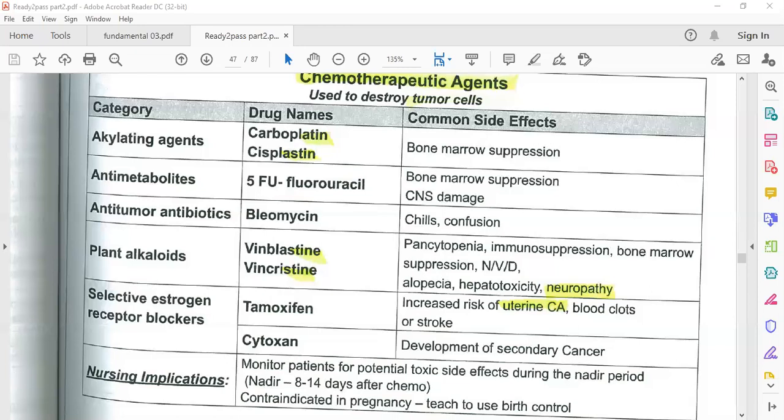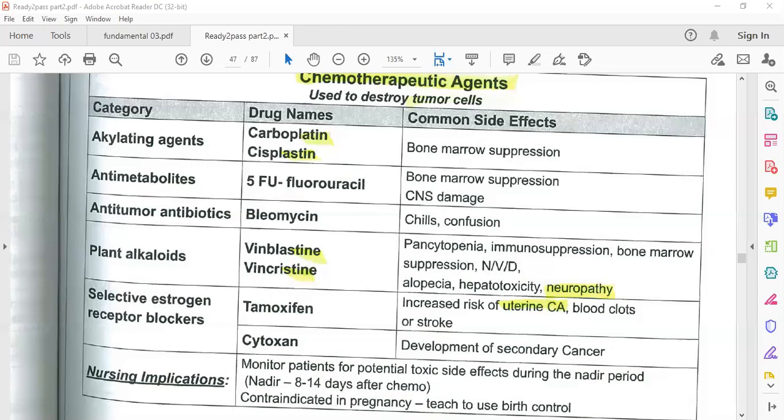Cyclophosphamide we use for ulcerative colitis or autoimmune disease, right? So you see, what are the uses of cyclophosphamide? Some medical conditions, autoimmune diseases like lupus, vasculitis, rheumatoid arthritis, or psoriasis.